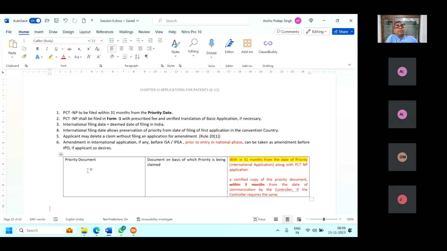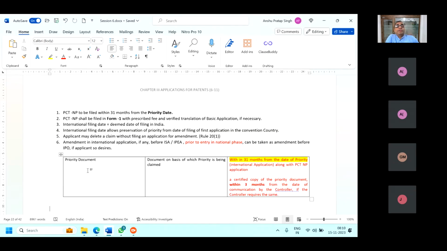Then comes: the applicant may delete a claim without filing an application for amendment. Deletion of a claim in an international patent application will not require an application for amendment under Rule 21.